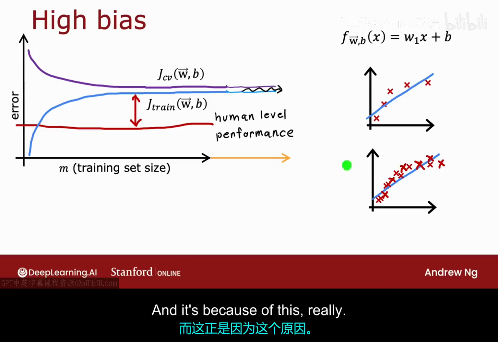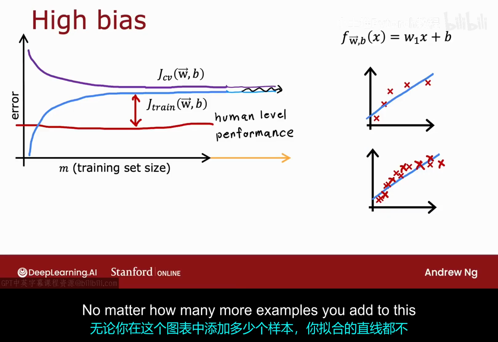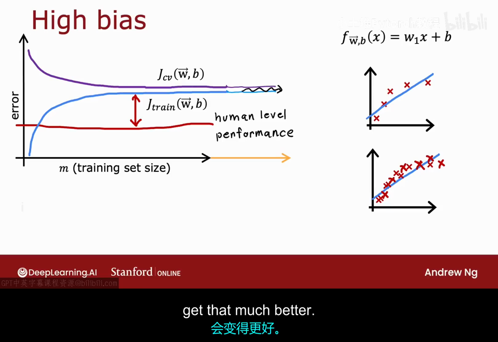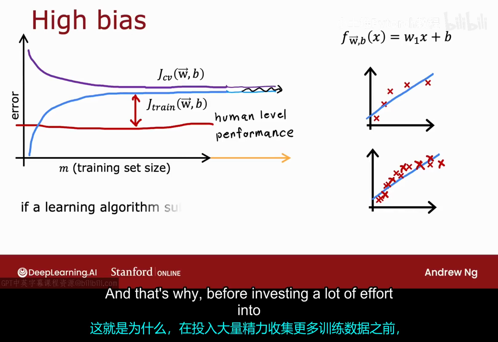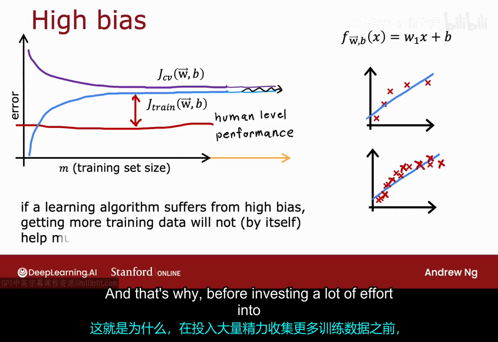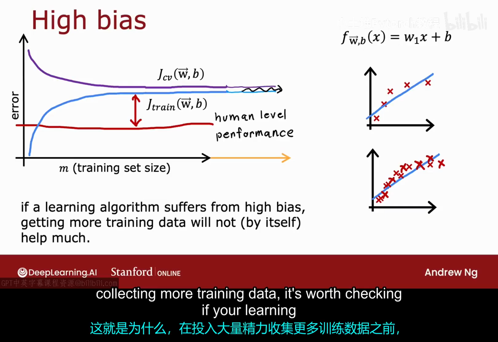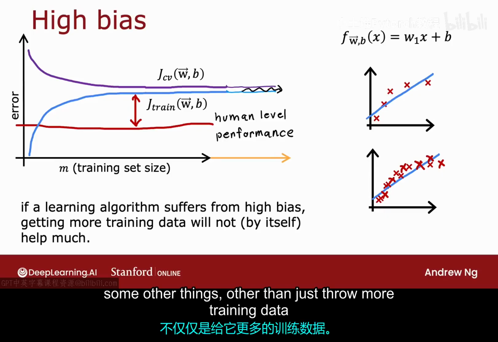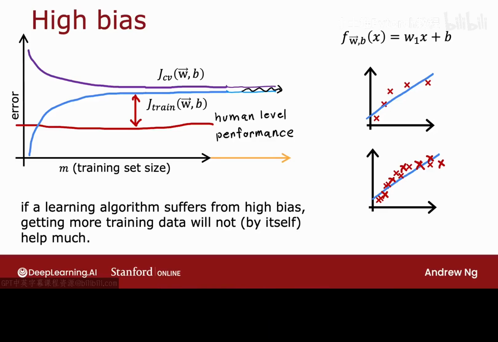It's because no matter how many more examples you add to this figure, the straight linear fit just isn't going to get that much better. That's why before investing a lot of effort into collecting more training data, it's worth checking if your learning algorithm has high bias, because if it does, then you probably need to do some other things other than just throw more training data at it.